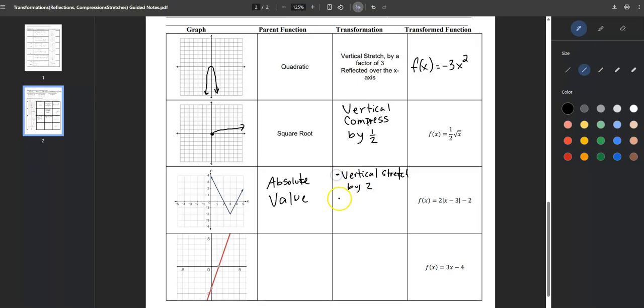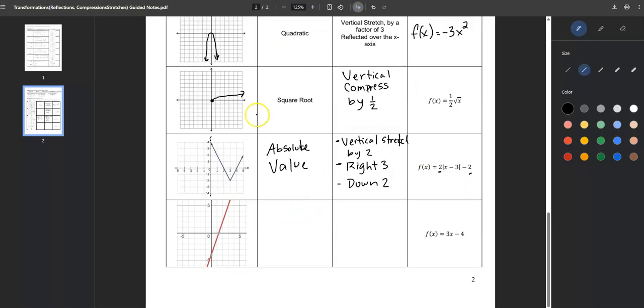That'll be that one. The -3 is going to move it right 3. And then we are going to be moving down 2 with there. So again, this outside 2 stretches it. The -3 moves it left because it's inside, and then the outside -2 will move it down.